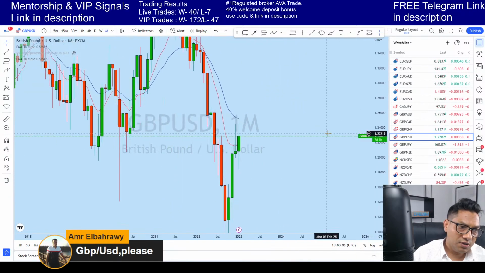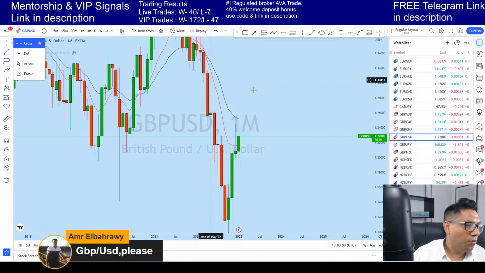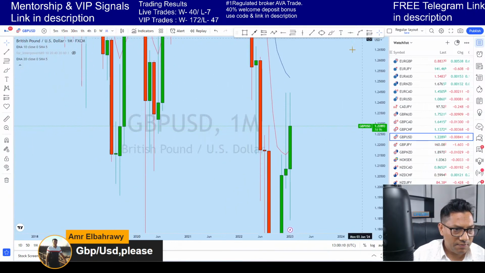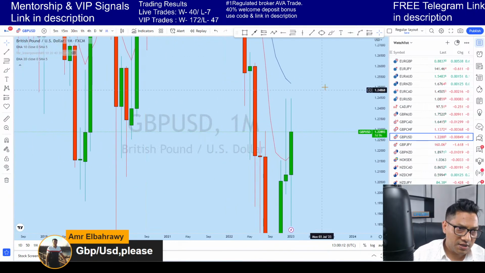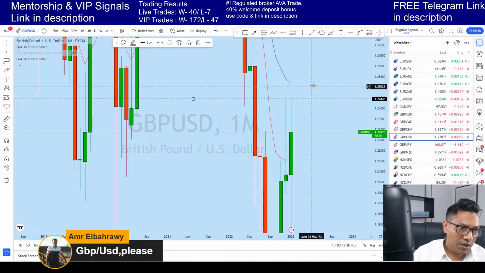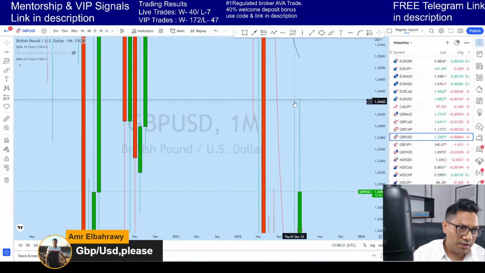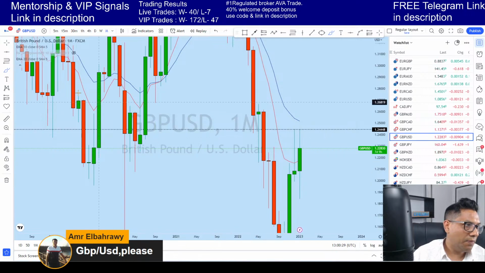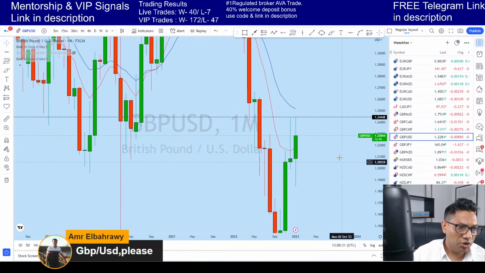Now, as I mentioned just a couple of minutes ago, you can see the manifestation of that pattern. The previous monthly doji, this is the monthly doji. As you can see, the price has broken the high of this monthly doji, okay, and then we have seen that there is a strong rejection from the monthly perspective on British pound US dollar.